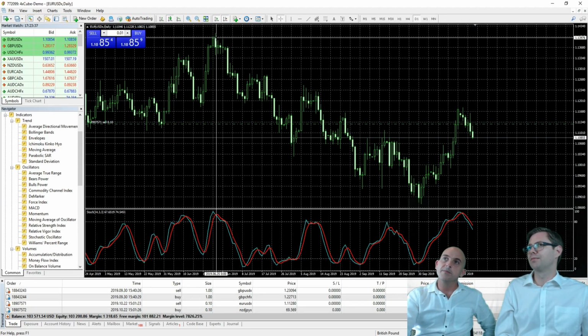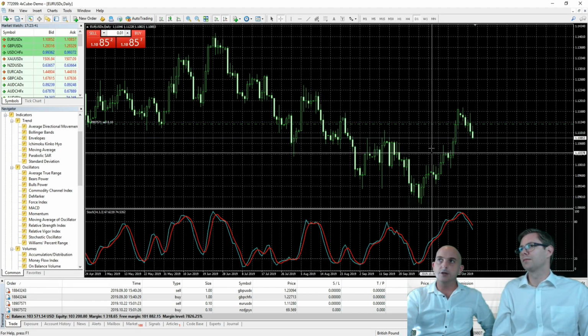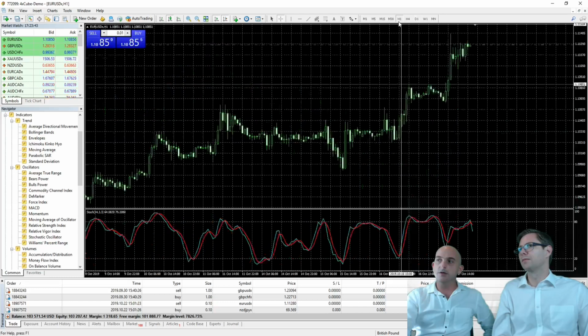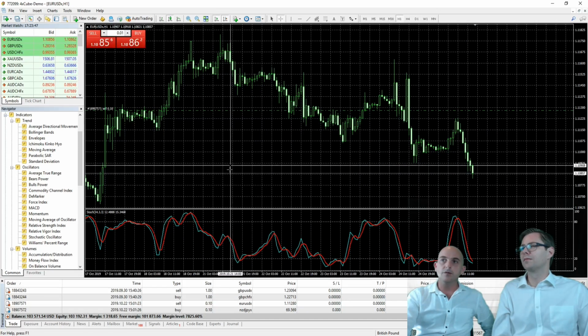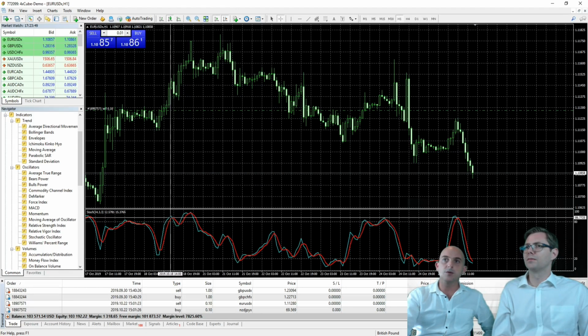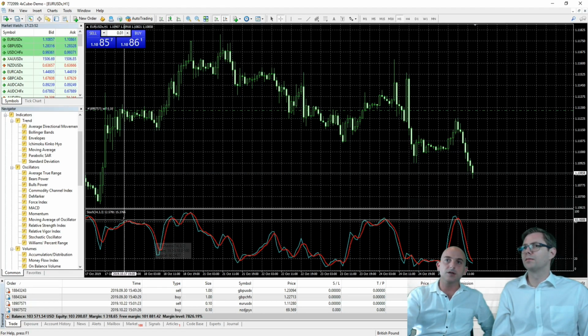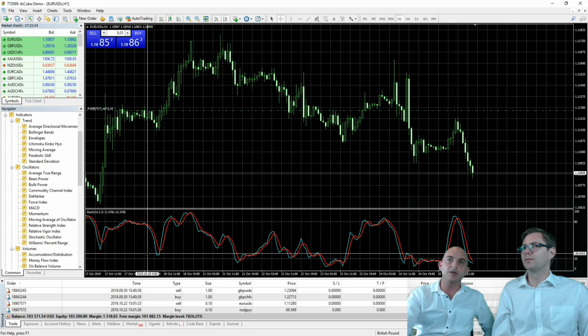So yeah, we're looking very, very long term here on a day chart. So let's have a quick look on an hour chart and see if we can find divergence between the stochastic and the actual price action.